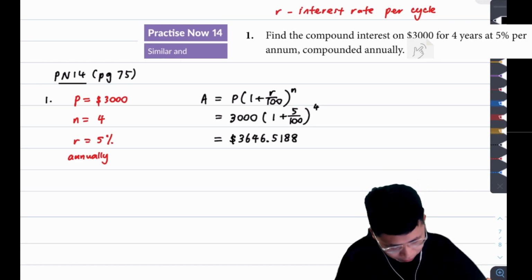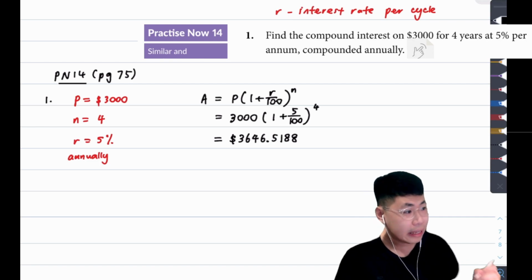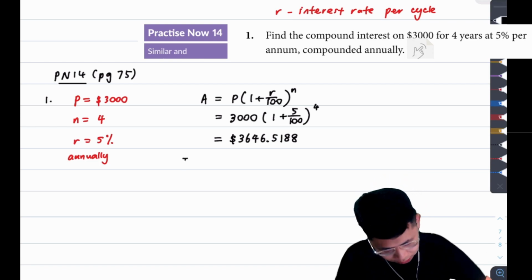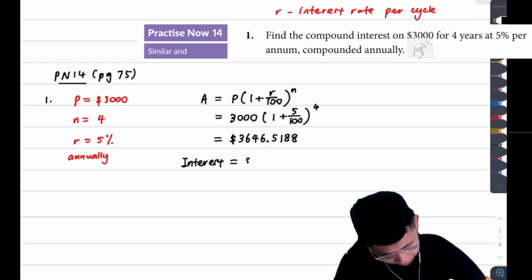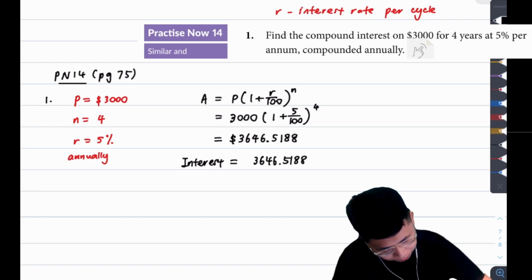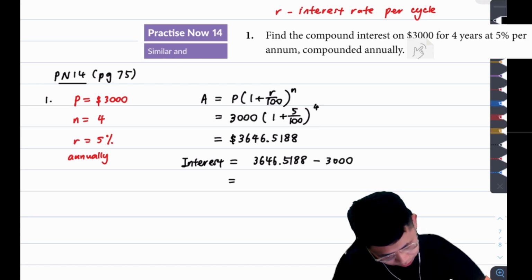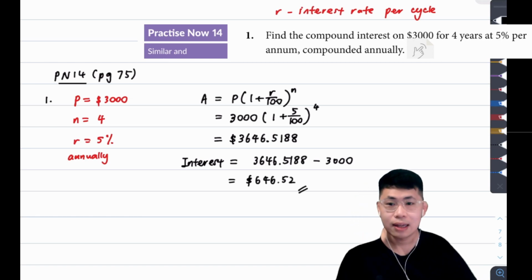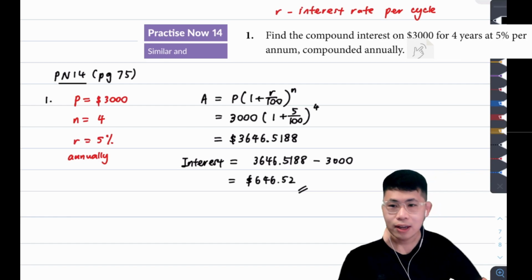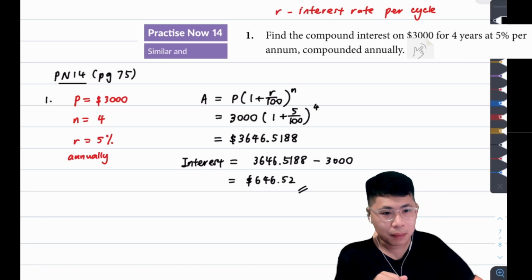Then last but not least, because the question is looking for the compound interest alone, it would be just this sum minus my original $3,000. So this would give me $646, to the nearest cent, 52 cents. So this is for question 1, compound interest.